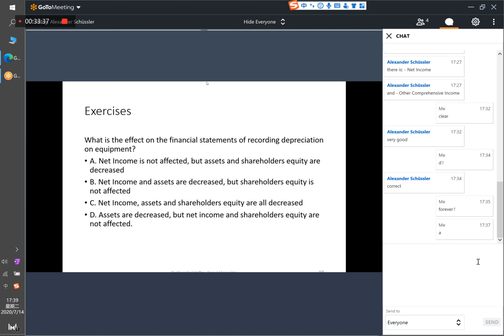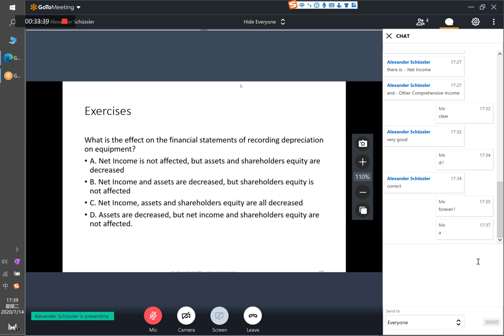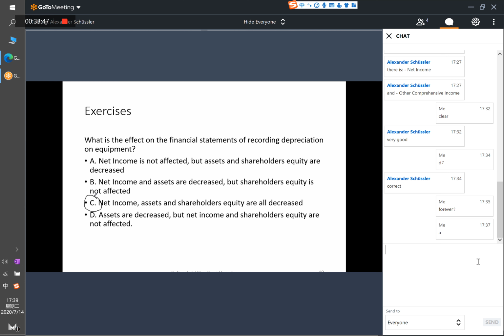So net income, assets, and shareholders' equity are all decreased. So C is the correct answer, because net income is also decreased, because depreciation is an expense.